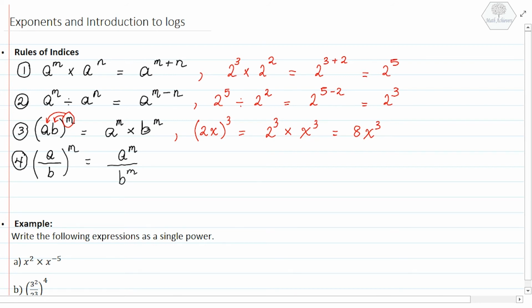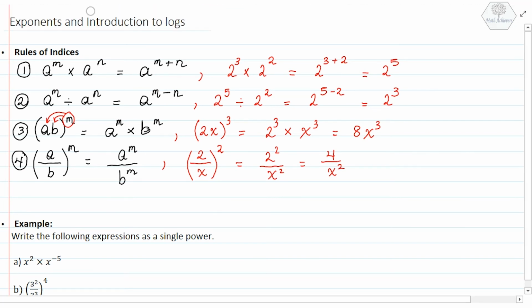An example on this rule also: if I have 2 divided by x, all of it to the power of 2, this will give me 2 squared divided by x squared, which is equal to 4 over x squared.